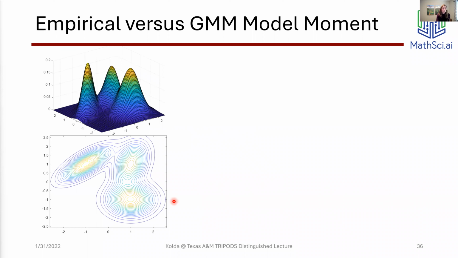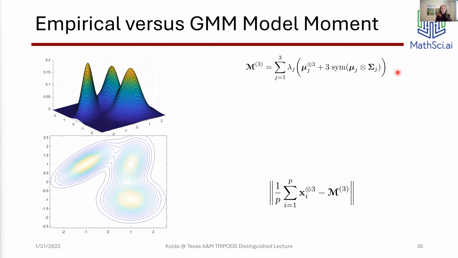So if we look at the difference between the empirical moment and the moment that the formula we just showed gives you in terms of sigma, mu, and lambda, we can calculate, for example, what the third moment of a Gaussian mixture model is in terms of the lambdas, mu's, and sigmas. And then we can look at the difference between the empirical moment tensor and this thing as we increase p, the number of samples.